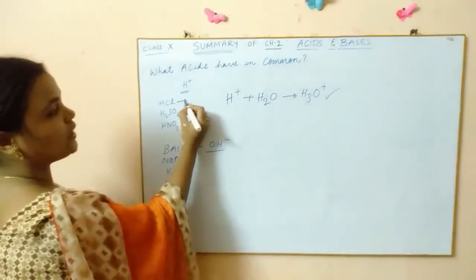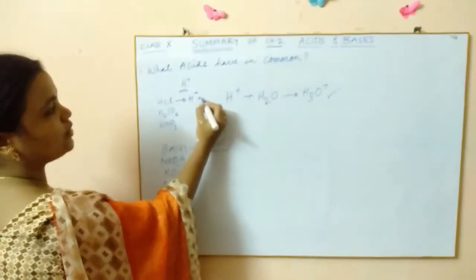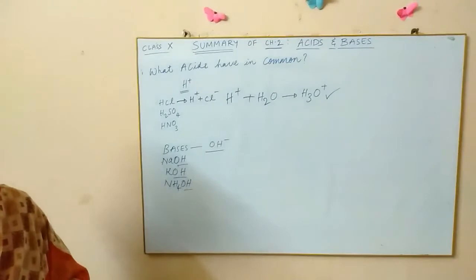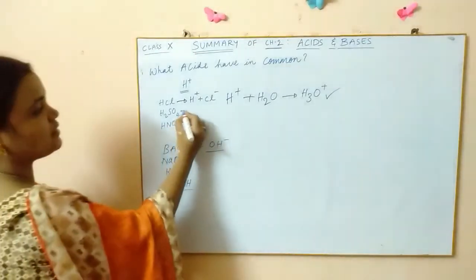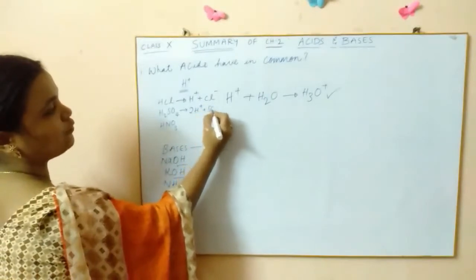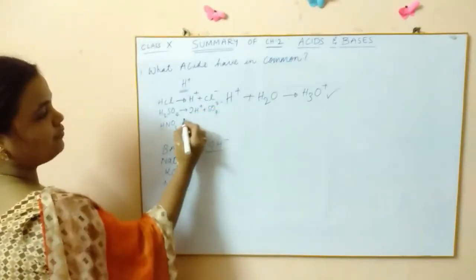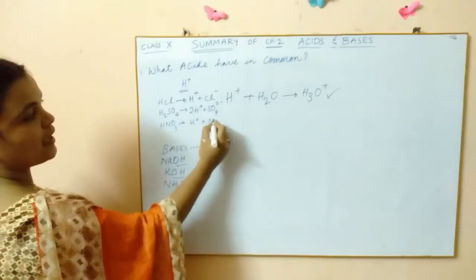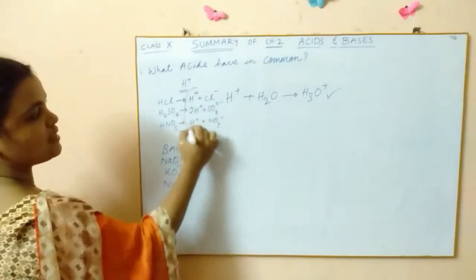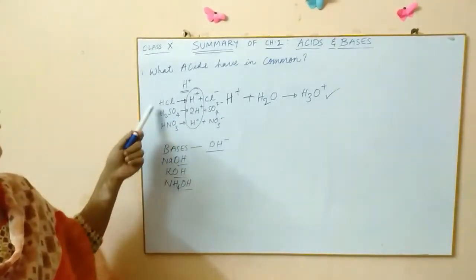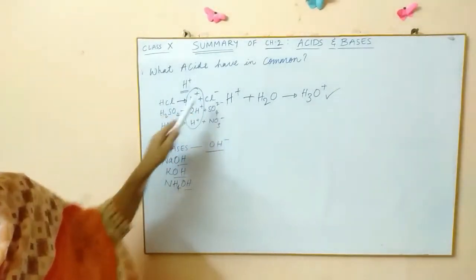Hydrochloric acid dissociates into H+ and Cl- ions when dissolved in water. In a similar manner, sulfuric acid dissociates into SO4 radical ion and H+ ion. Here also it is H+ and NO3- ion. So when dissolved in water, acids liberate H+ ions.